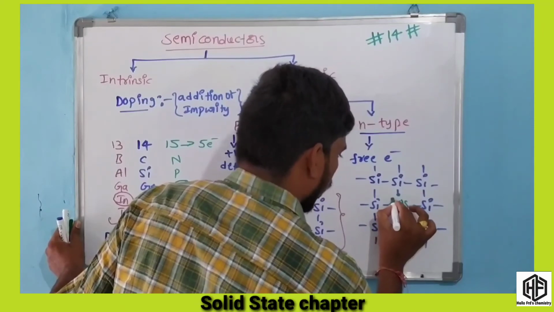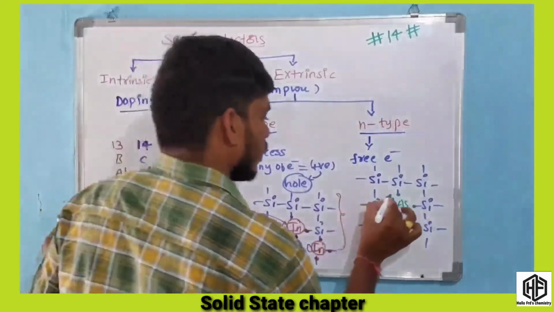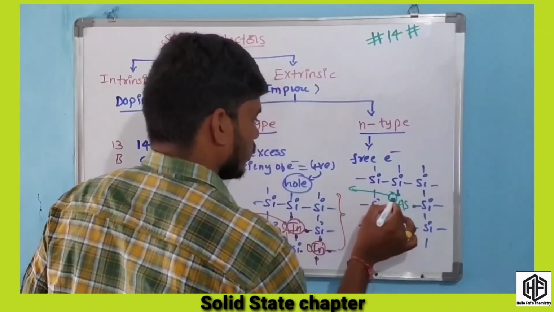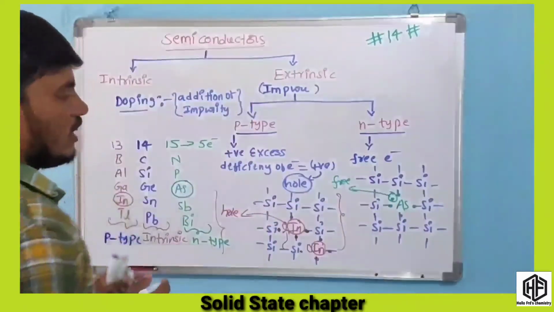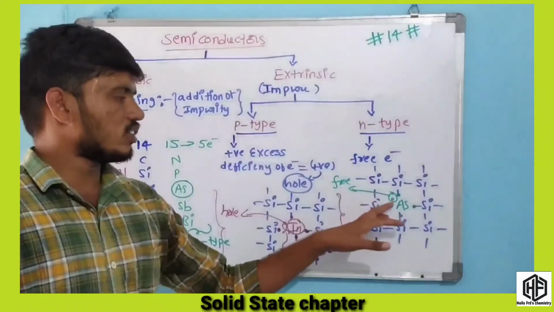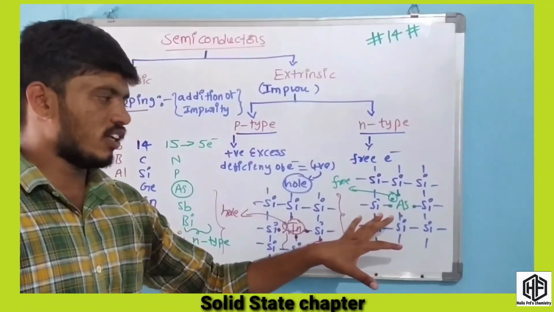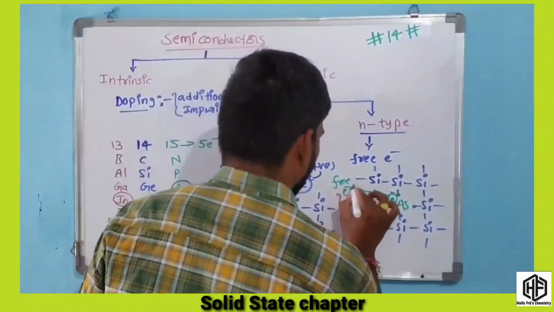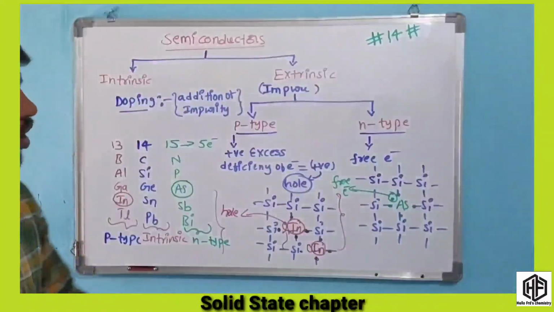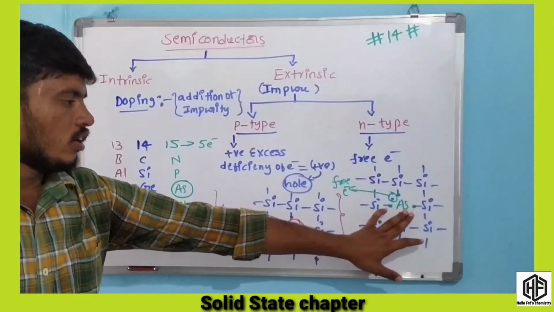It means one free electron is present in this crystal lattice. The flow of these free electrons is also called conductivity. One free electron is available on this crystal lattice.